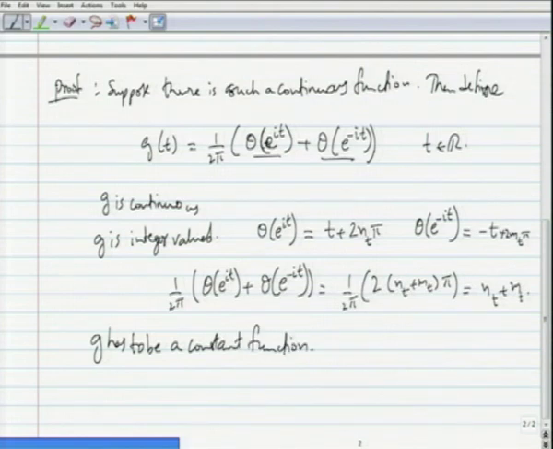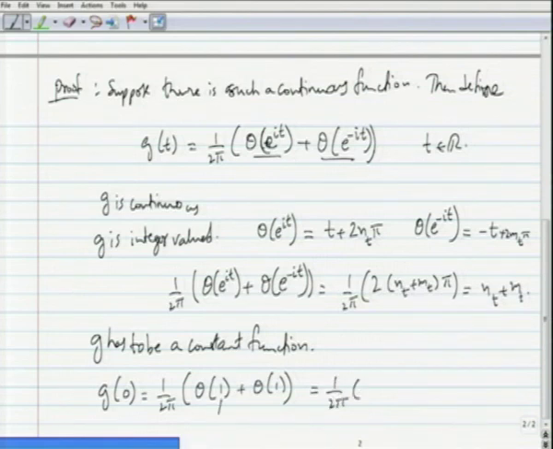But notice that g of 0 is 1 by 2 pi times theta of e power 0, which is 1, plus theta of 1. You have to choose an argument for 1, and that same thing applies to this.